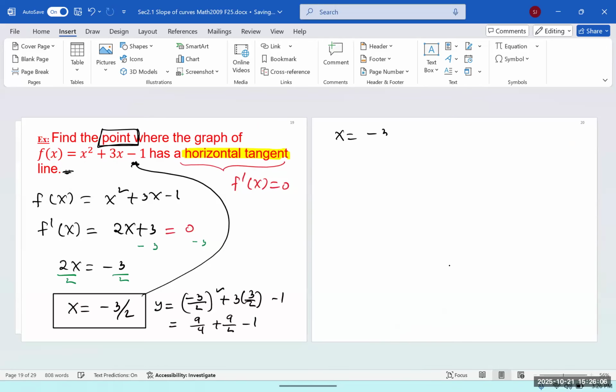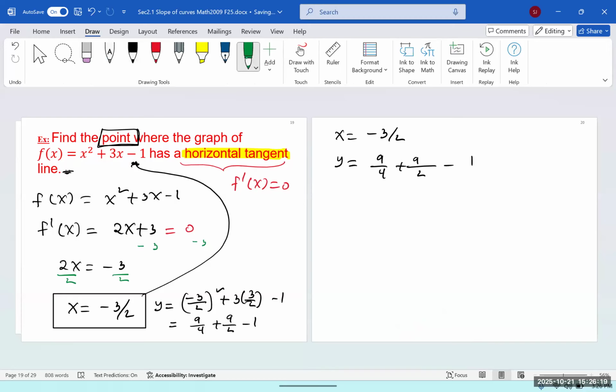So x is negative 3/2, y is 9/4 plus 9/2 minus 1. In order to combine them, what do we need? Same denominator. So what is our same denominator? 4. So what do you need the 2 multiplied by? 2. So you multiply numerator and denominator by 2. And how about the 1?